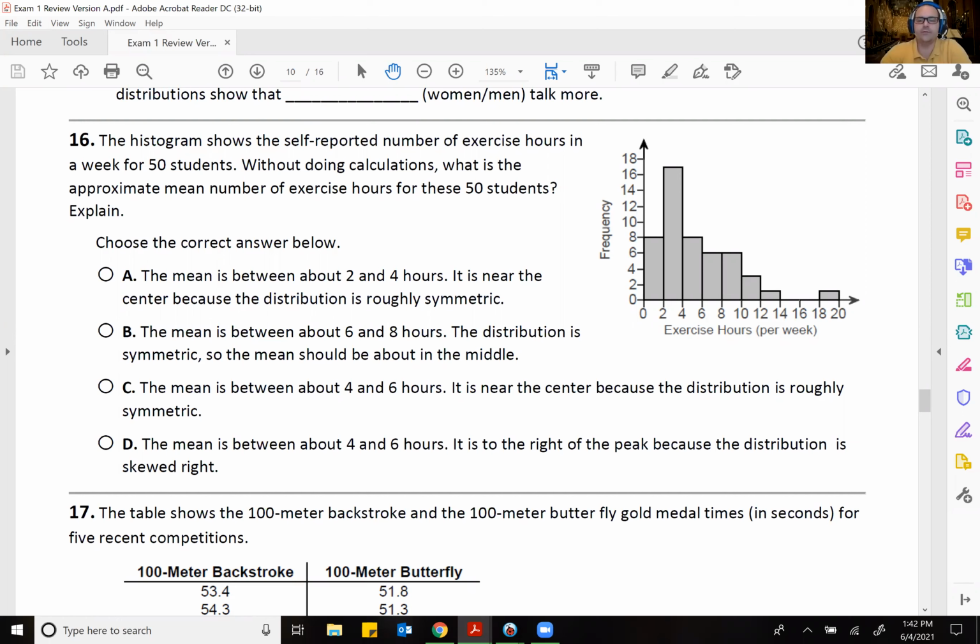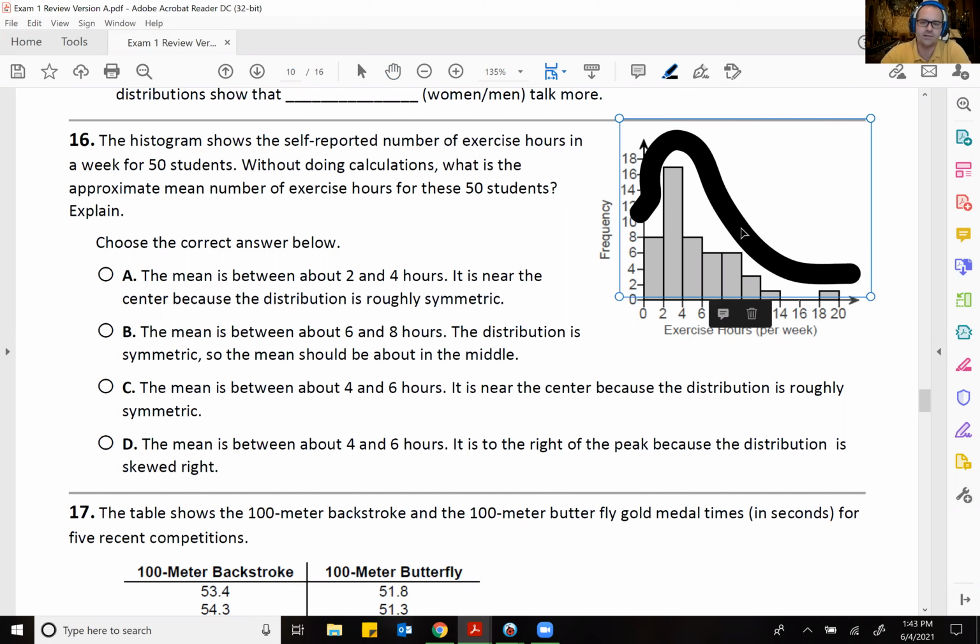Because remember, we talked about this, whenever you have skewed distributions. I don't know if it'll let me do it on here. Hey, it did. Skewed distributions. Remember that right here really kind of represents your median near the peak. And because this is skewed right, my mean has been pulled a little bit higher.